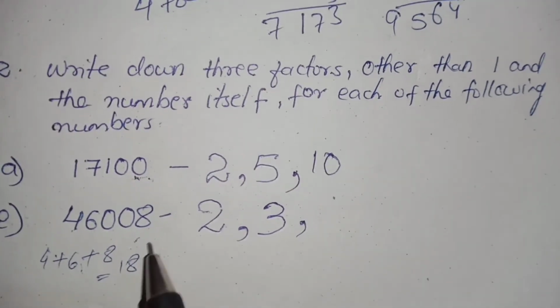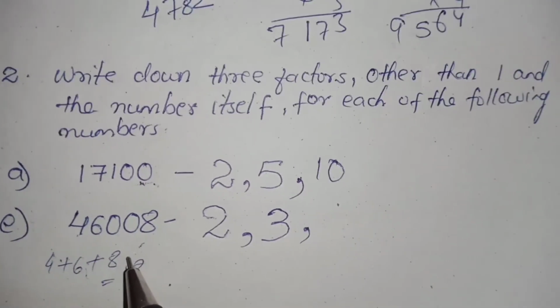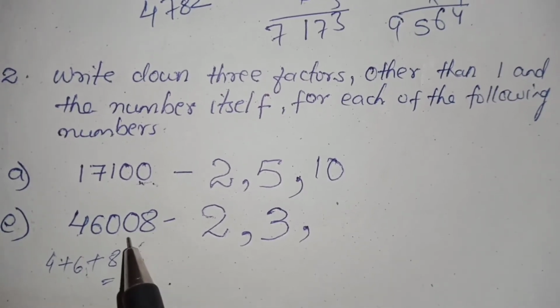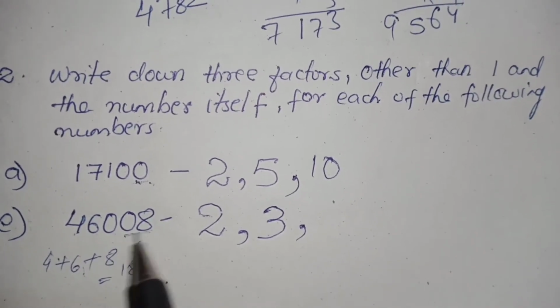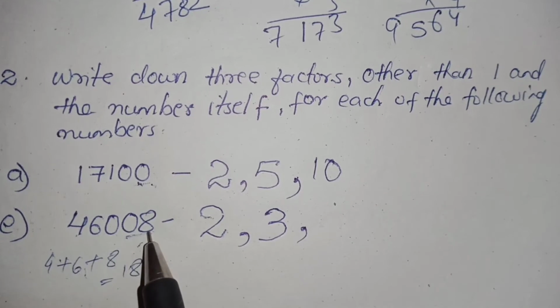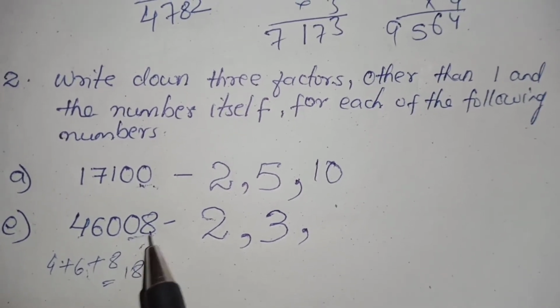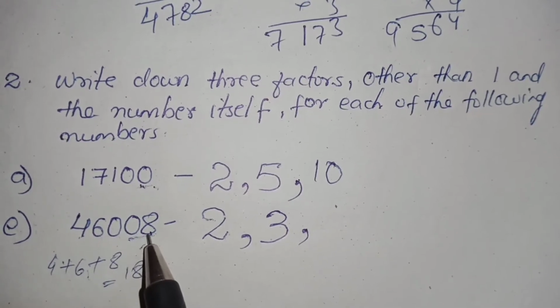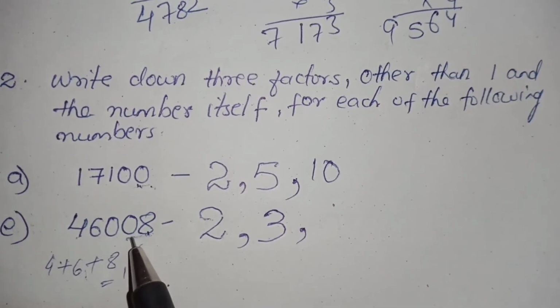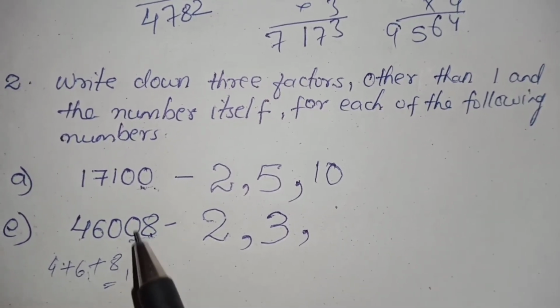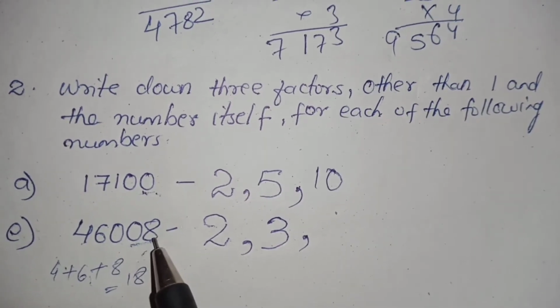Now the next, will this number come in the table of 4 or not? For the table of 4 you have to see the last 2 digits, and the last 2 digits should be divisible by 4. So what is it? 0 and 8. So 0 we leave, then what is there? 8. So 8 is divisible by 4, 4 twos are 8.